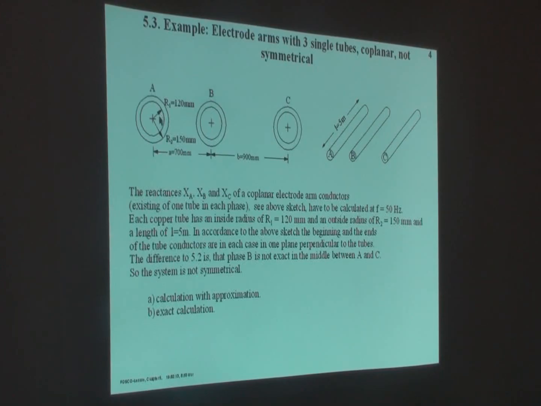Symmetric, phase A and C, if possible, is always symmetrical. But if you have an old furnace, which you will get with new electric equipment, you have to do something in other parts.